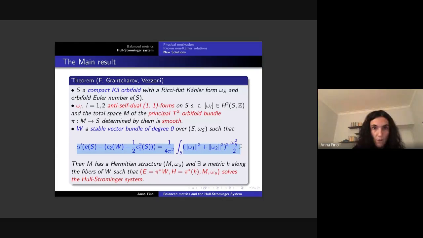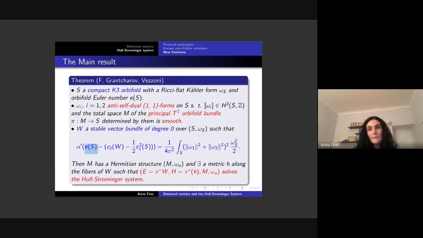Here we just use the orbifold Euler number e_S, which involves the Chern class c2, the second Chern class, and c1 squared of S. And what we show is that M has a Hermitian structure omega, which I denote by omega u because again we use an ansatz for omega, changing from omega to omega u using a function u.